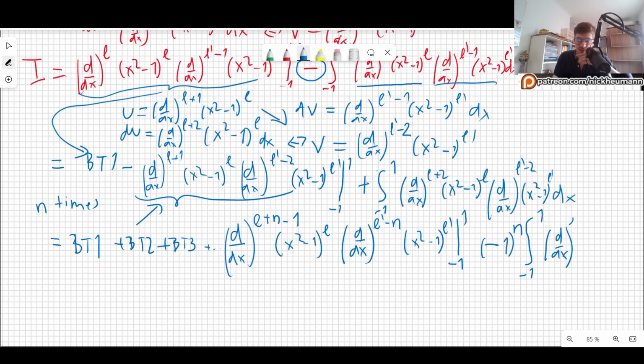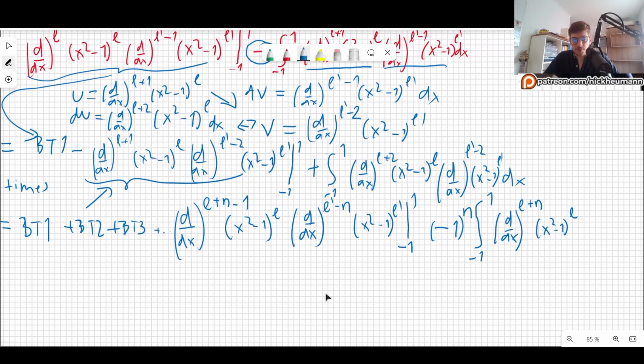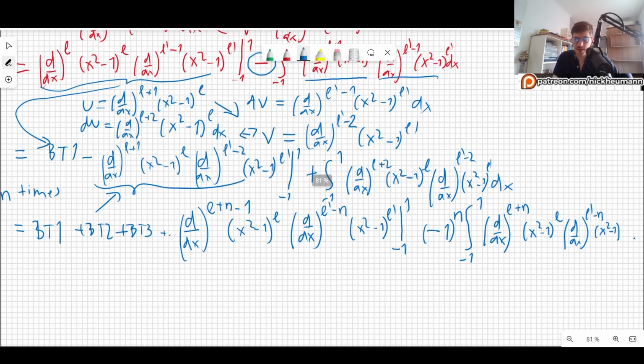So if we do the integration by parts n times, then we get L plus n. And we are, of course, still deriving the same thing here. And the other term of the derivative has been decreasing every time. So that means that we get L prime minus n of x squared minus 1, dx. Okay, so this is what happens n times.